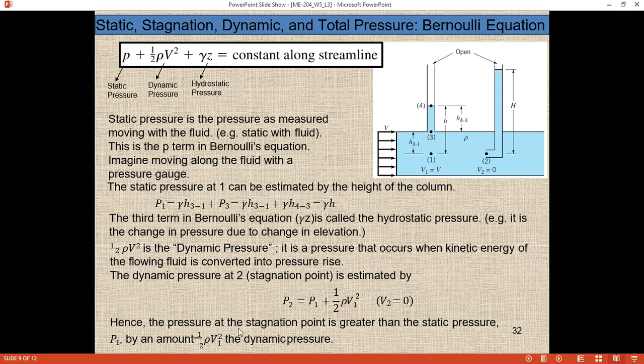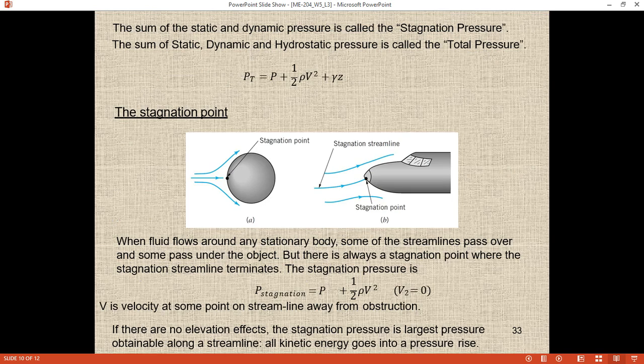Hence the pressure at the stagnation point is greater than the static pressure P1 by the amount half rho V1 square, the dynamic pressure. This is the way we measure the dynamic pressure. The sum of the static plus dynamic pressure is called the stagnation pressure, and the sum of the static, dynamic and hydrostatic pressure is called the total pressure.